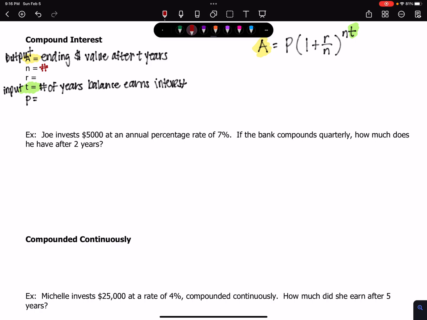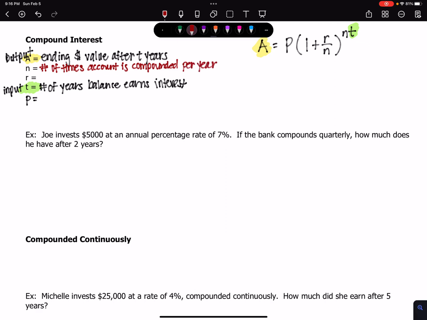So N is going to stand for the number of times the account is compounded per year.